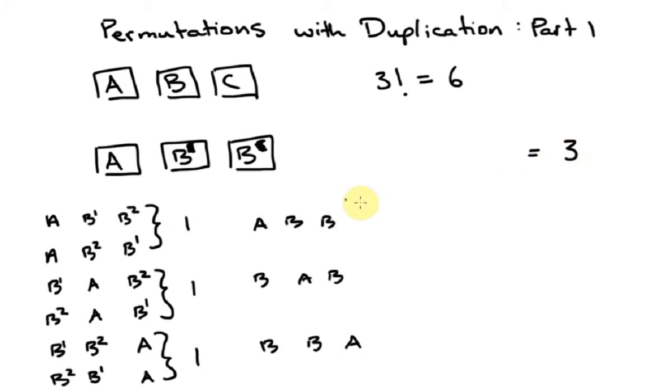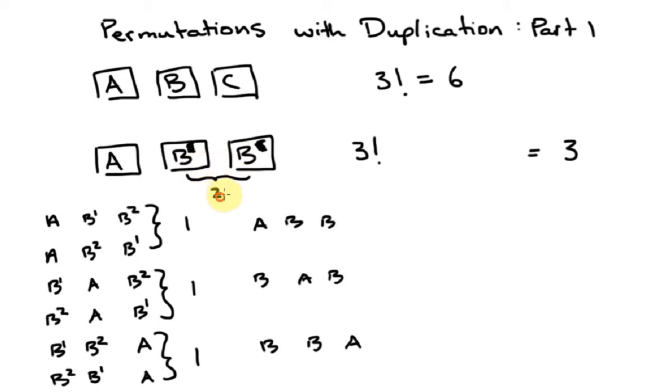You start off and you say, there are 3 cards. So it would have been 3 factorial in a perfect world, but wait, I can't tell these B's apart. So really I'm getting twice as many arrangements showing up, and I don't want to count them all. What you have to ask yourself is how many ways are there to flip the 2 B's around?